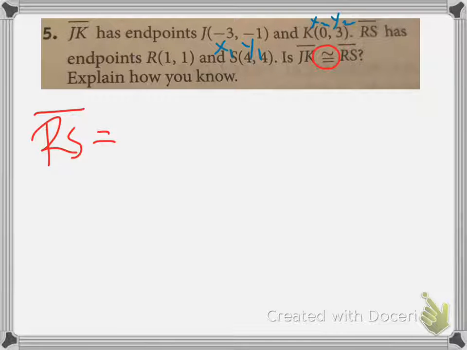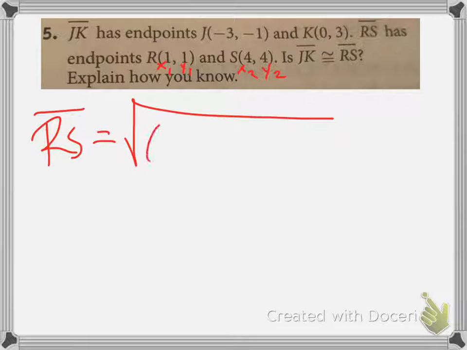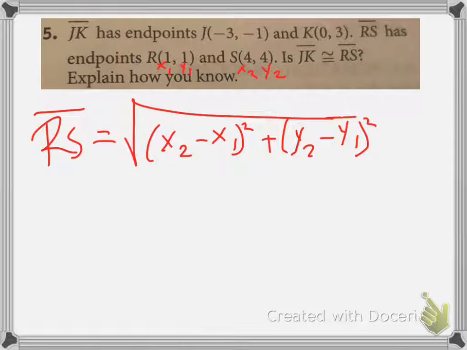You want to make sure you always label your variables: x1, y1, x2, y2. It might look like a silly step, but it's very important. And always write down the formula, don't do it in your head: the square root of (x2 minus x1) squared plus (y2 minus y1) squared.